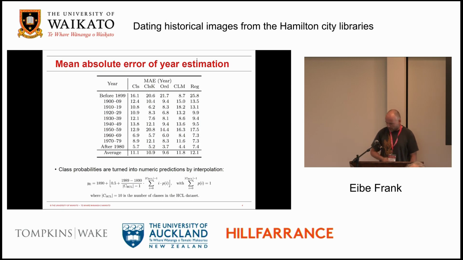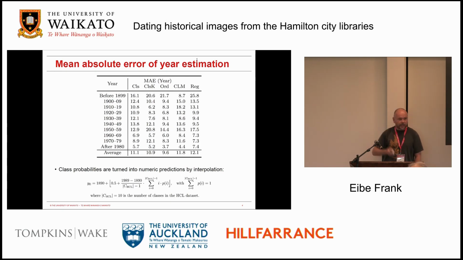So here we look at the mean absolute error for the different predictions, again, for the different decades as well. You can see, as expected, for the initial decade before 1899, the mean absolute error is quite high. The best model in that case is actually the cumulative link model.